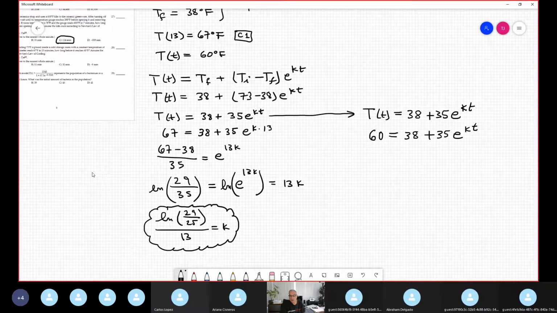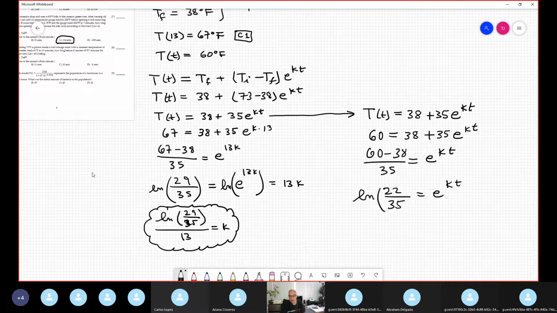This is my goal, T. 60 minus 38 divided by 35 is equal to e to the kt. 60 minus 38 is 22 over 35. This is 35, sorry. I made a mistake here. Is equal to e to the kt.